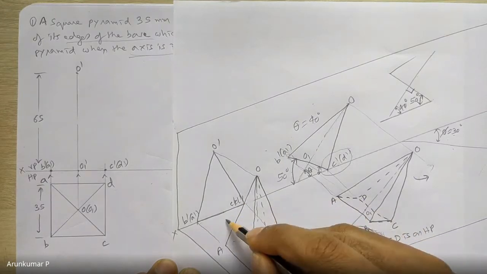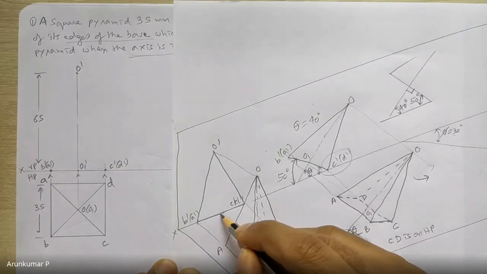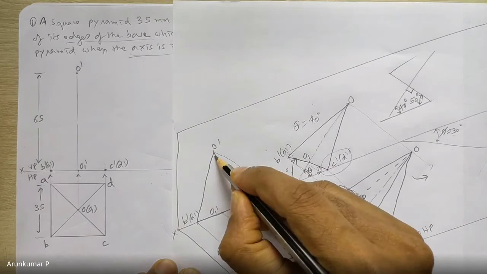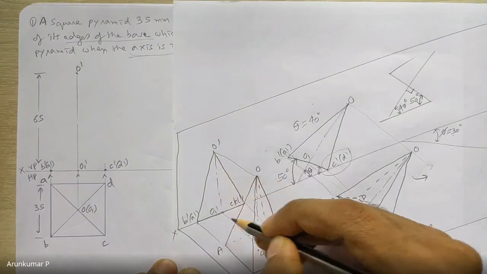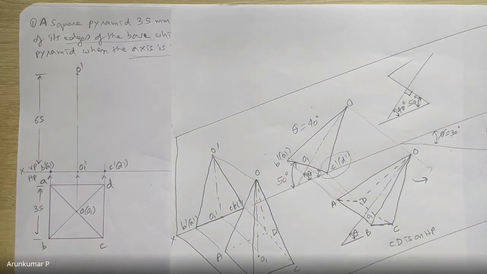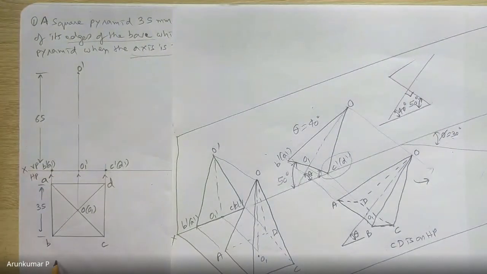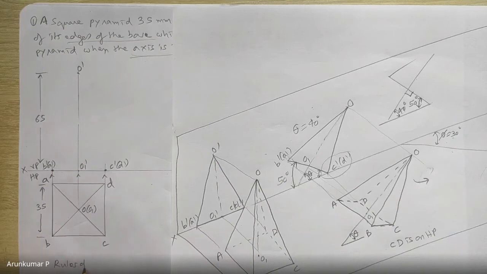And this center would be O1 dash. And this would be your axis line. No change. Now is the time to apply the rules of visibility.